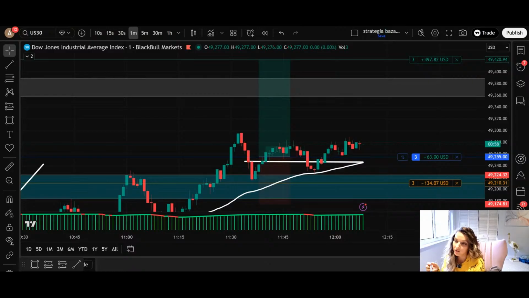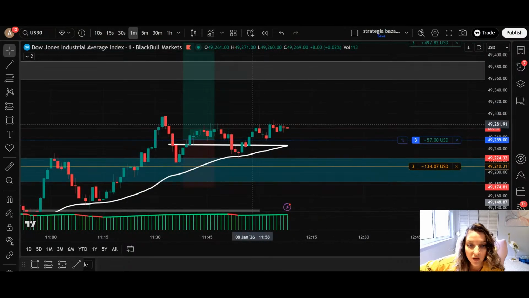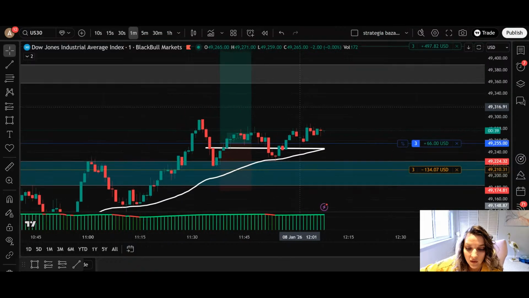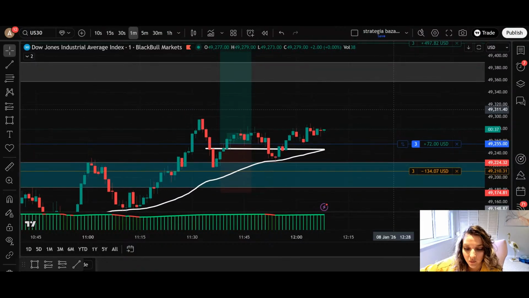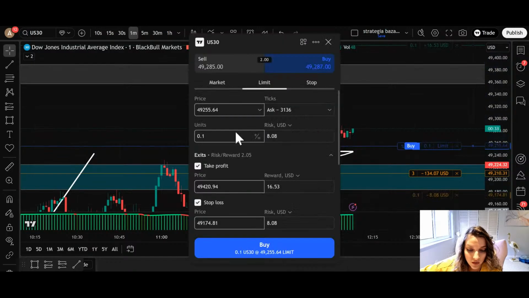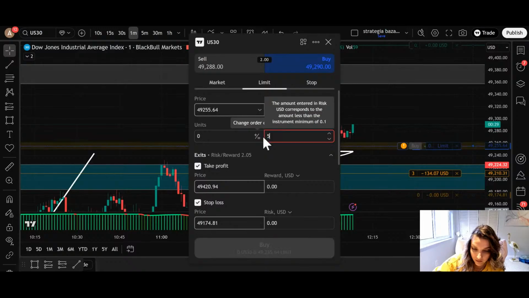The lot size, you have to calculate. You know how to calculate that in TradingView? So you want to risk right here. I put this in TradingView, right? Because I think they have a different platform. You click create limit order and you put here how much you want to risk, $50.